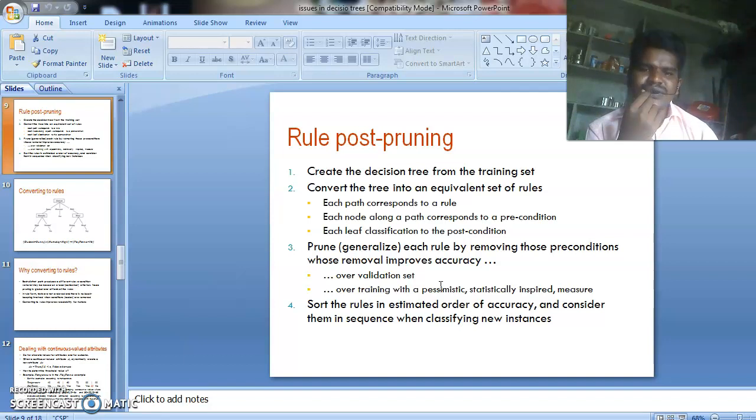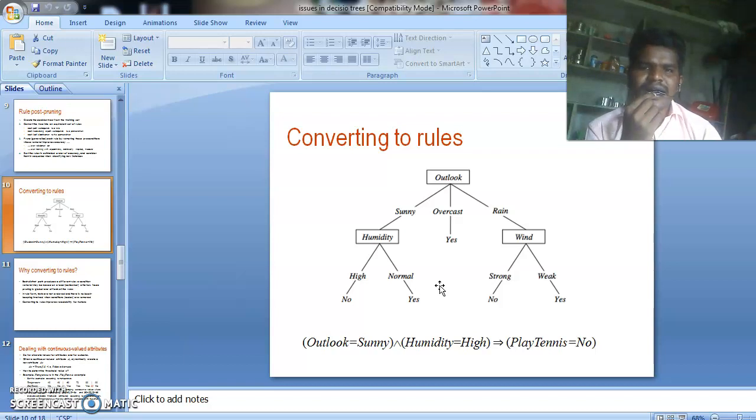Each leaf classification is the postcondition. For the third step, generalize each rule by removing those preconditions whose removal improves accuracy, using a validation set or a pessimistic, statistically inspired measure. Then sort the rules in estimated order of accuracy and consider them in sequence when classifying new instances.